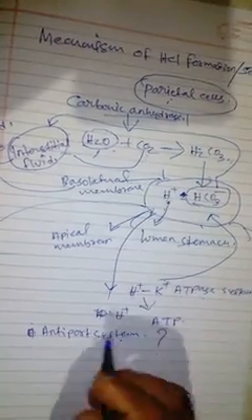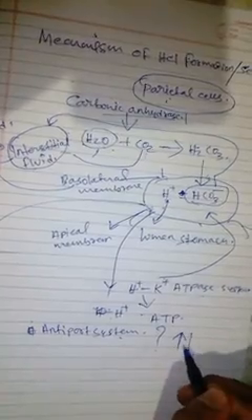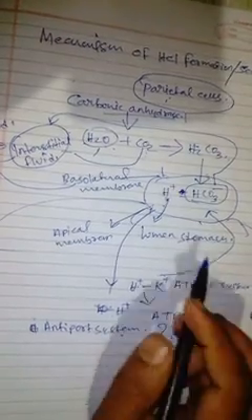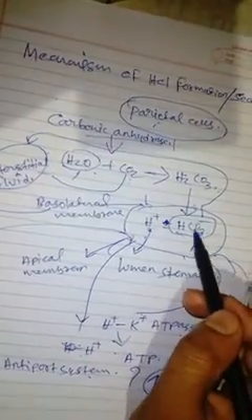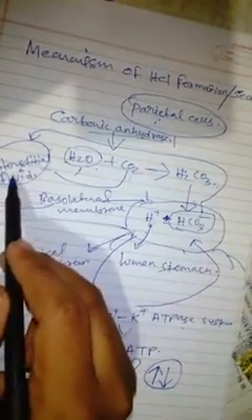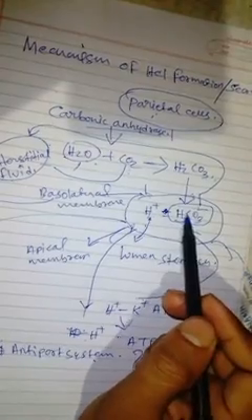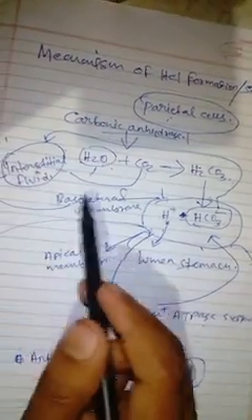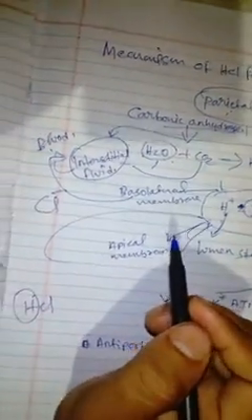Now what does it mean? Antiport means movement of two substances in opposite directions. So from the parietal cells, the bicarbonate ion moves out of the cells into the interstitial fluid in exchange of another anion, and the most abundant anion in the interstitial fluid is Cl minus, that is chloride.